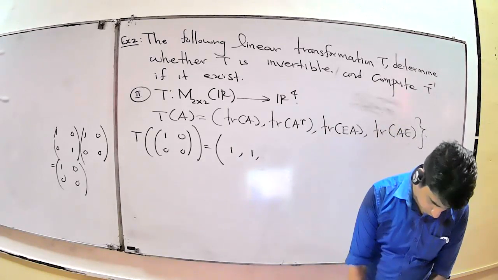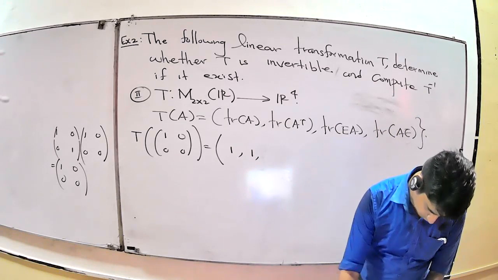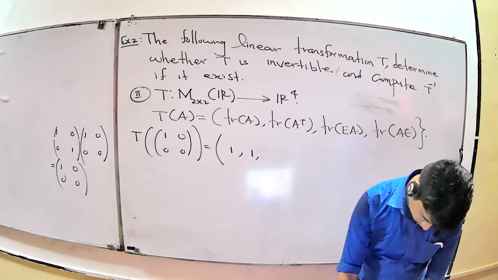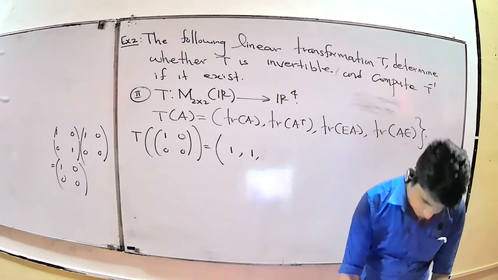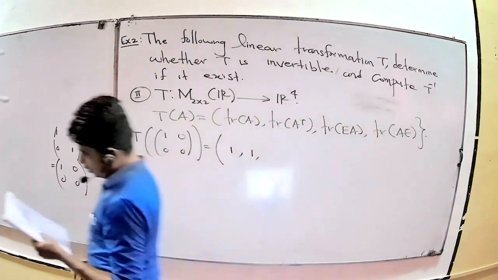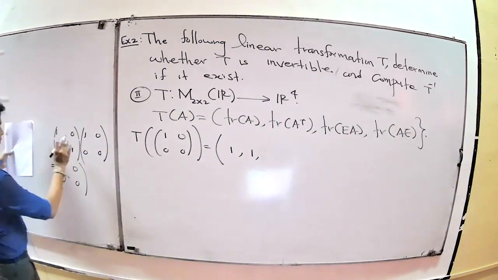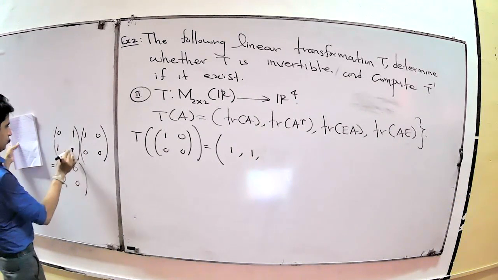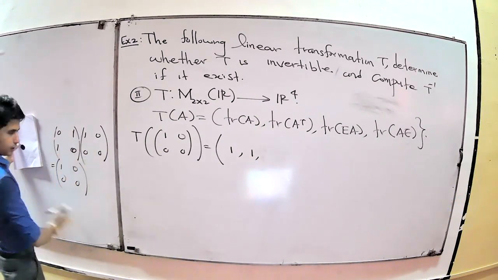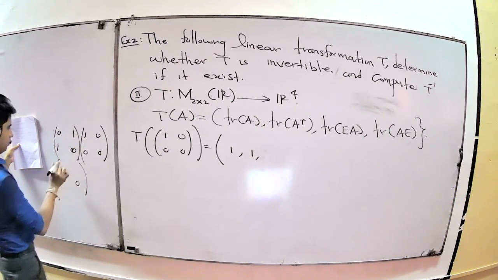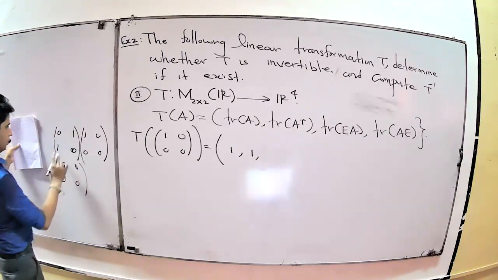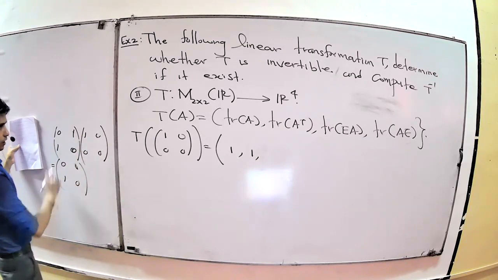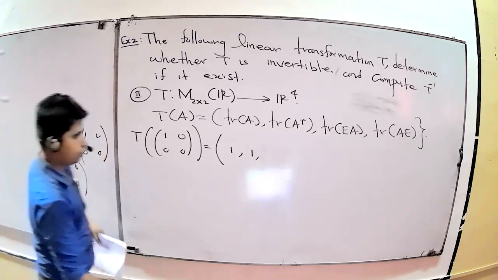In the question they mention that one, I forgot to write. Yes, E is mentioned: 0 1 1 0. Then you can get the matrix 1 0 0 0. Therefore now what is the trace value? 0, no? Trace value 0.